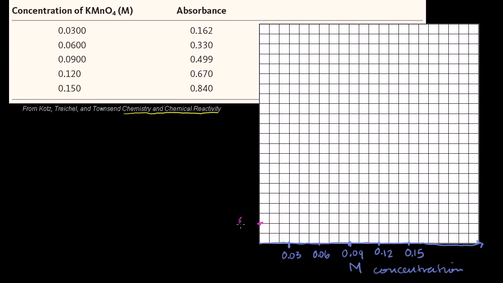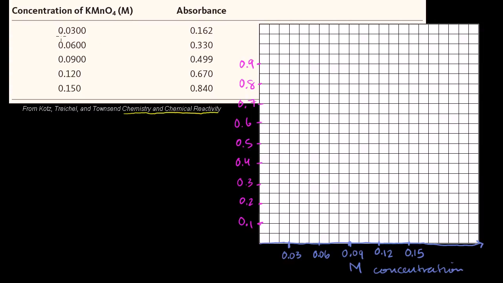Let's make this 0.1. Let's make this 0.2, 0.3, 0.4, 0.5, almost done, 0.6, 0.7, 0.8, and then 0.9. And that essentially covers all of the values of the absorbance that we have here.